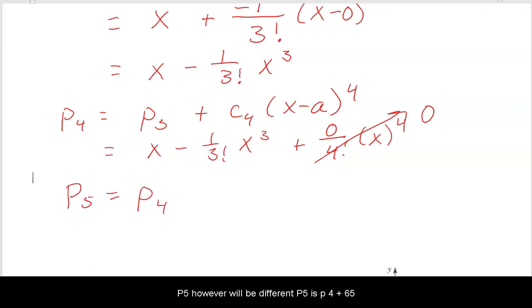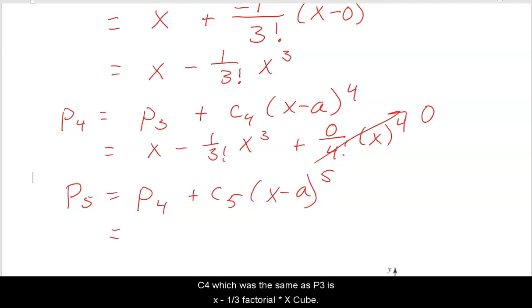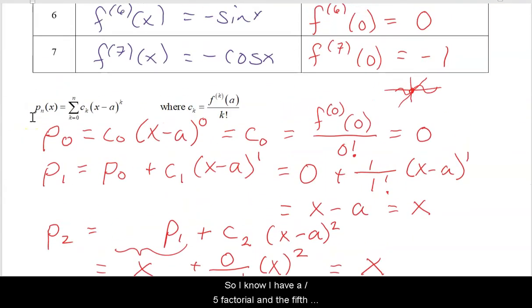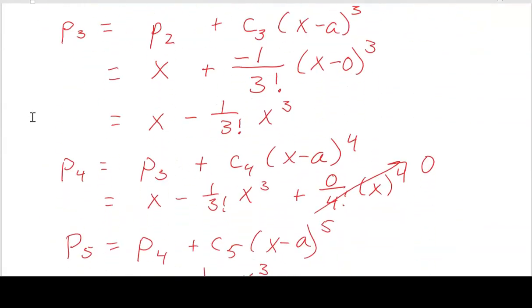P5 is P4 plus C5 times x minus the center, which is 0, to the fifth. P4, which was the same as P3, is x minus 1 over 3 factorial times x cubed. C5 should be the fifth derivative at the center divided by 5 factorial. So I know I have a divided by 5 factorial, and the fifth derivative is 1.